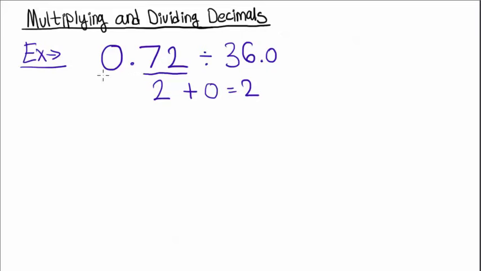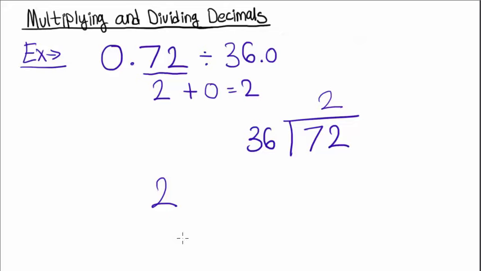Now we can set this problem up over here without the decimal point like this. And since 72 divided by 36 is simply 2, I write down the 2 over here, and I know that 2 is a part of my answer. Now over here, we need to take a step back and think about this problem a little bit.